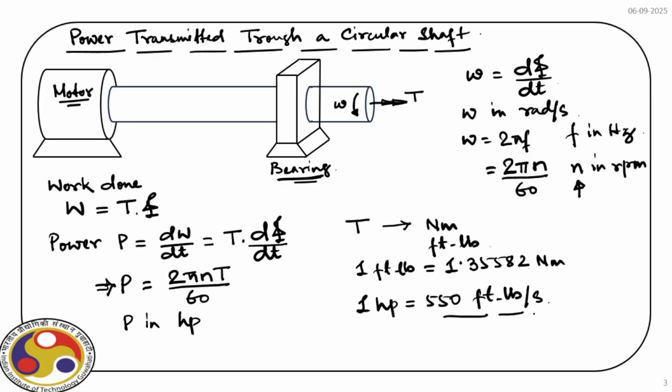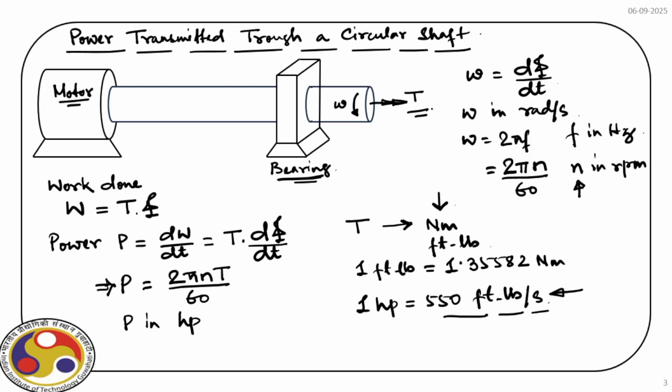So that's the conversion factor. So if you work in SI unit, we can easily convert that into foot pound, and from there we can find out how much horsepower we need for this arrangement, where we have a motor that transmits the torque T.